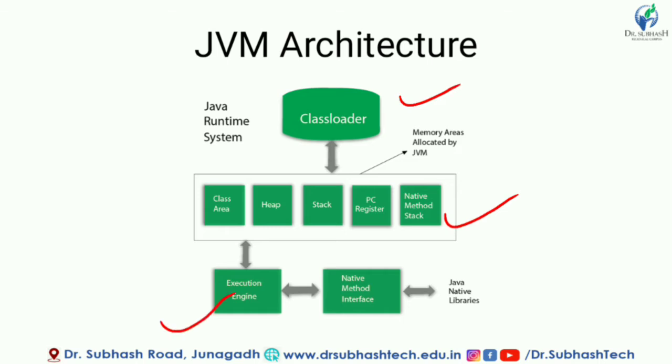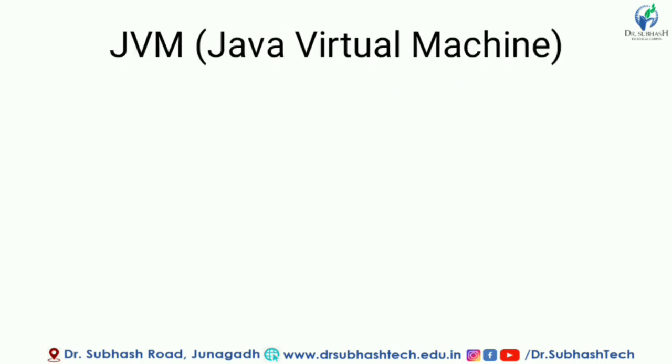Then there is an execution engine, and for this execution some interfaces are required, and these are the native method interface. This is the JVM architecture. We will learn all these terms one by one in the next slides. We will start with the class loader.